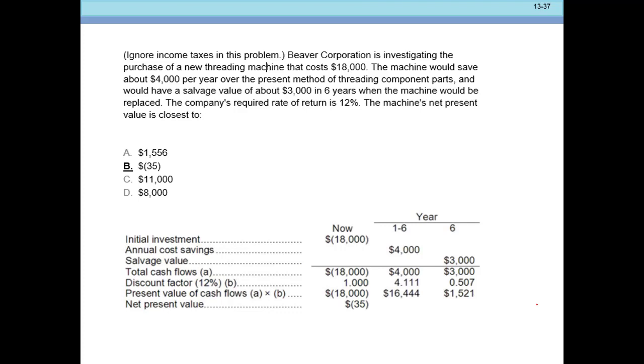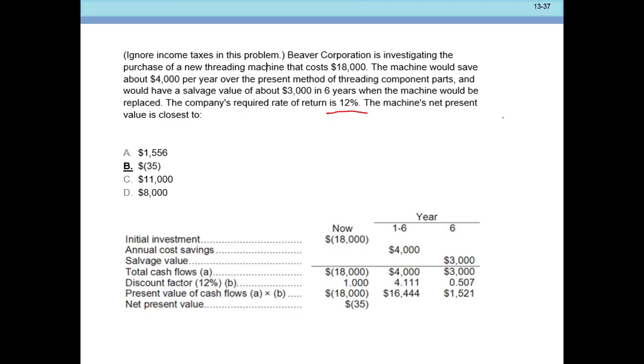The machine would save about $4,000 per year over the present method of threading component parts and would have a salvage value of $3,000 in 6 years. Then the machine would be replaced. The required rate of return is 12%. We can still use that same table, right? Okay. And so what is the net present value closest to?